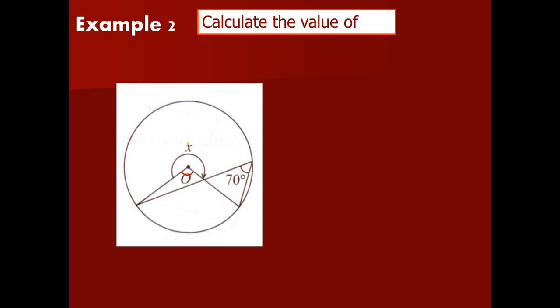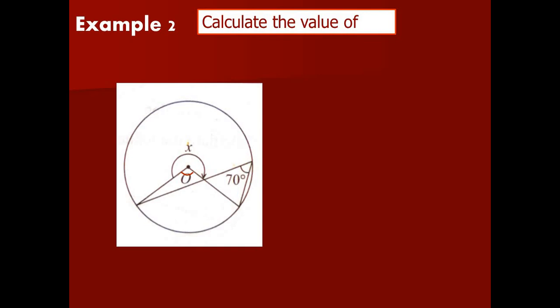Still we have to calculate the value of x. Now, analyze the diagram. These are the arcs that are being used for these two angles, one at the center and one at the circumference. So meaning we have to find these two angles first.